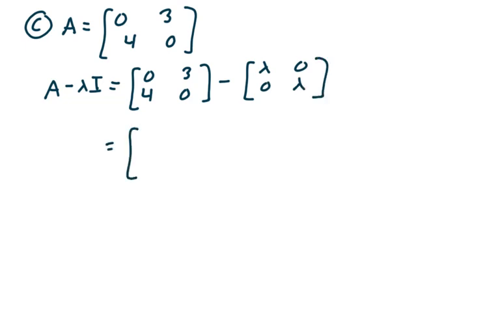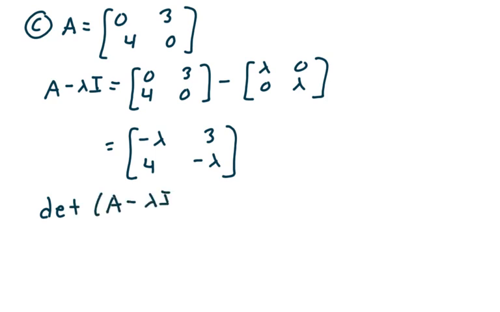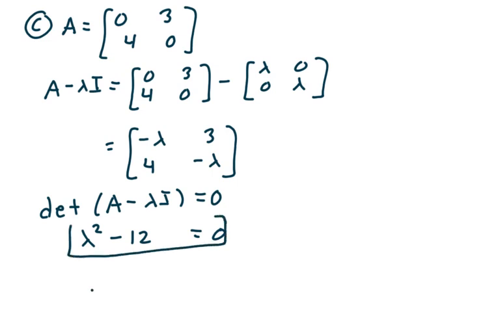And then this is [negative lambda, 3; 4, negative lambda]. And I'm going to take the determinant of A minus lambda I and set it equal to 0, which tells me lambda squared minus 12 equals 0. And this is my characteristic equation. That's part C.